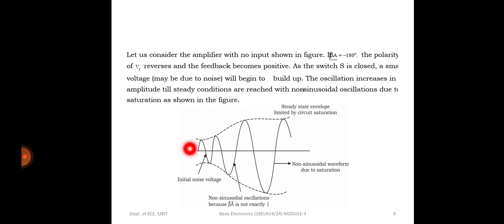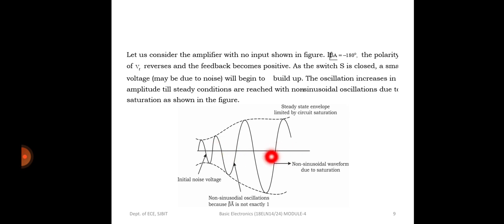The oscillation increases in amplitude till the steady conditions are reached, with non-sinusoidal oscillations due to saturation. When we look at the plot of the graph here, the sinusoidal waveform keeps repeating, but the amplitude is going to increase till the steady conditions are reached.